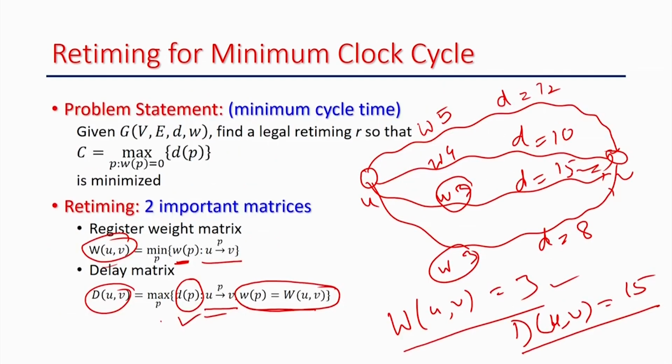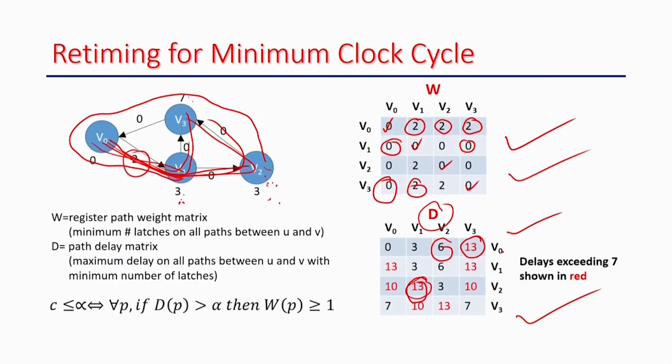So these are the 2 matrices, and now you can see the nodes in red. For this example, as mentioned earlier, the maximum combinational path delay is 13, which you have seen earlier also, and our target is to reach 7. Can we reach 7 for this?